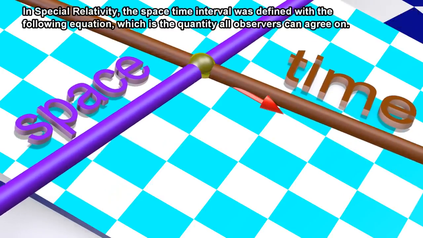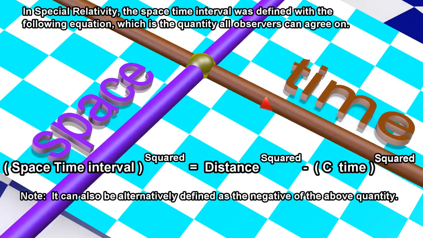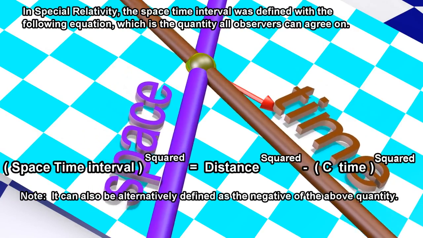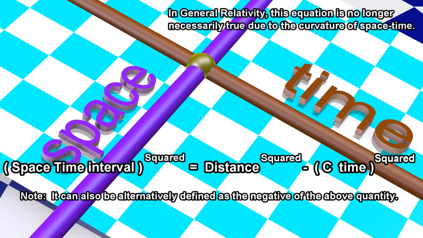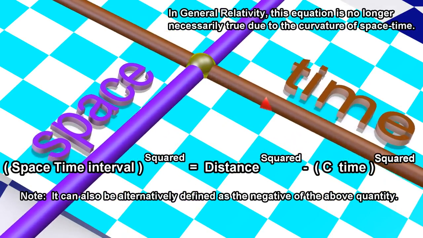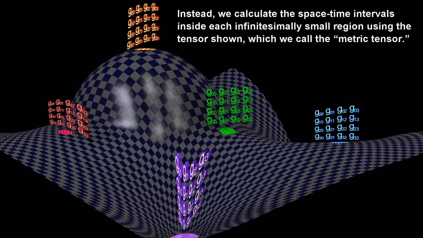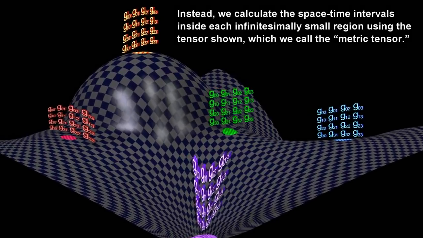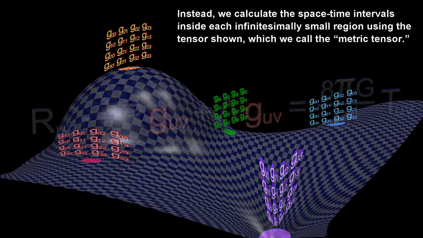In special relativity, the space-time interval was defined with the following equation, which is the quantity all observers can agree on. In general relativity, this equation is no longer necessarily true due to the curvature of space-time. Instead, we calculate the space-time intervals inside each exceedingly small region using the tensor shown, which we call the metric tensor.